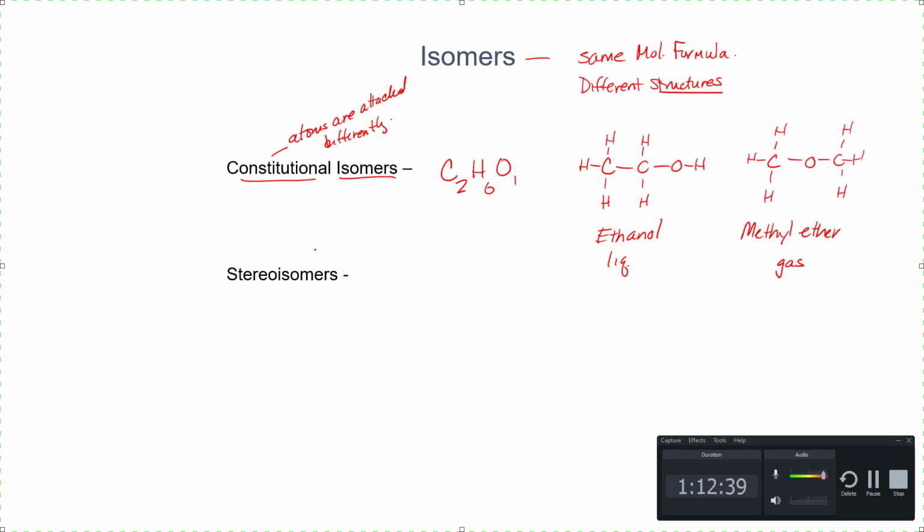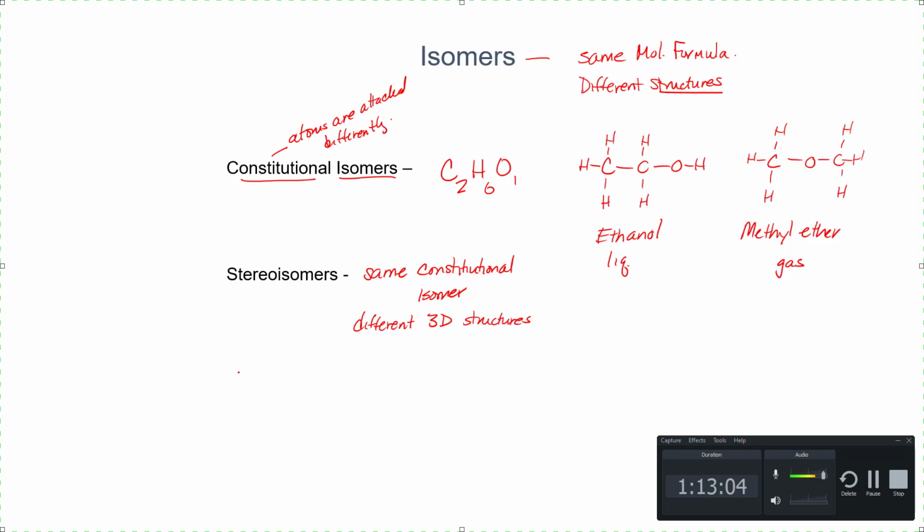Now, stereoisomers are molecules that are the same constitutional isomer. So the atoms are attached the same way, but they have different three-dimensional structures.